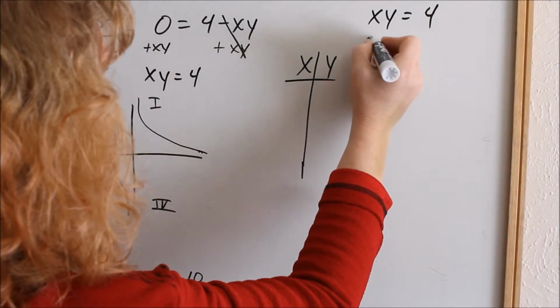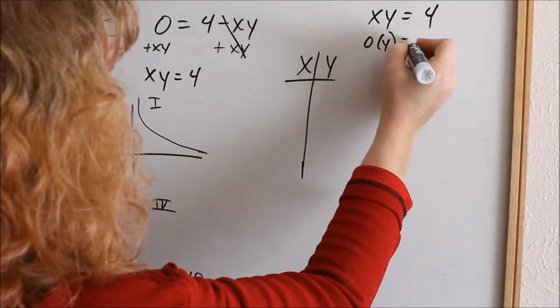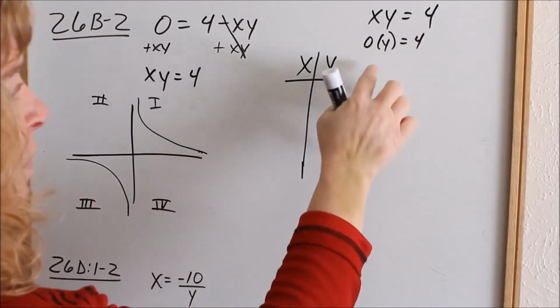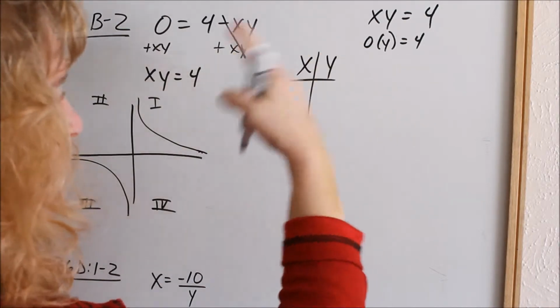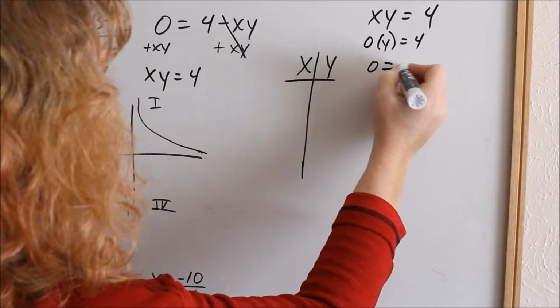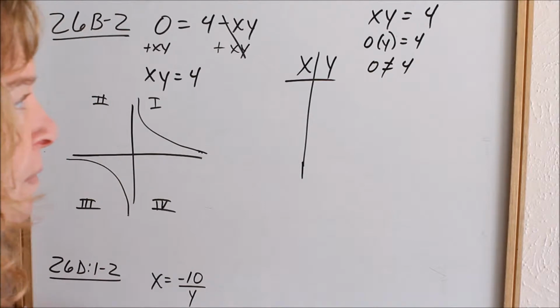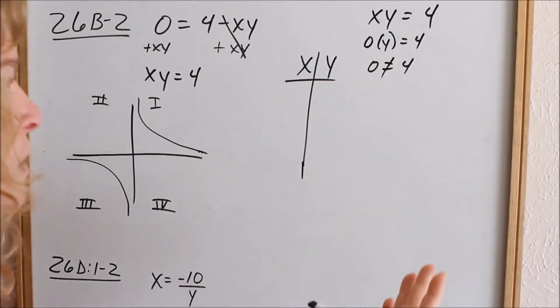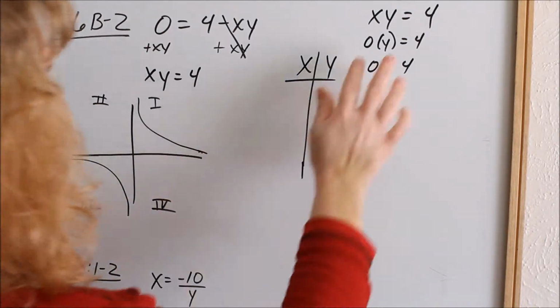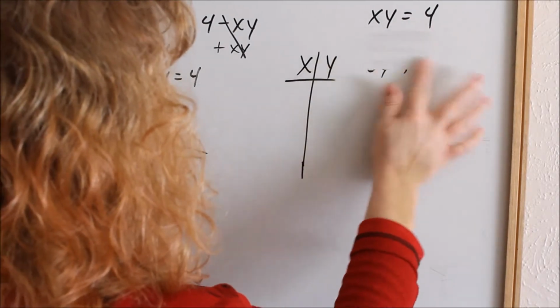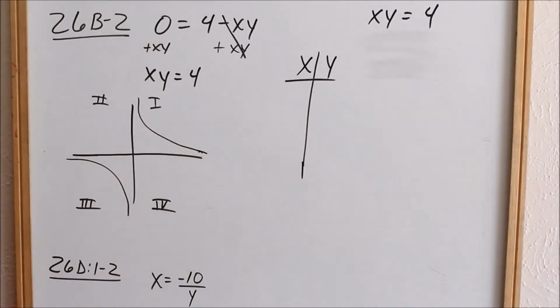If I plugged in 0 for x, then 0 times y, 0 times anything, is 0, and 0 equals 4 is not a true statement. The same is true if we put in 0 for y. So you will never be using 0 to plug in values to find coordinates. You're going to have to use numbers other than 0.